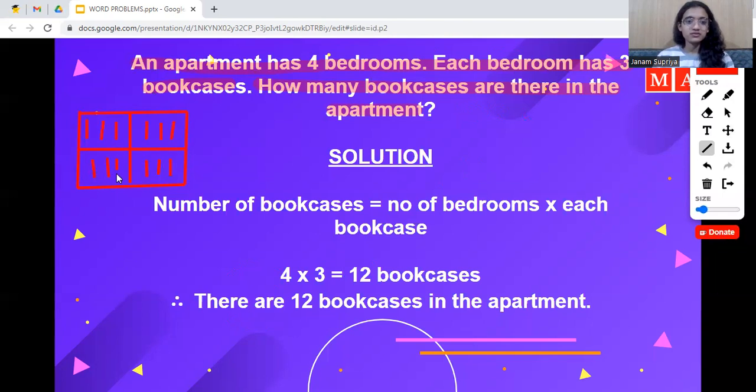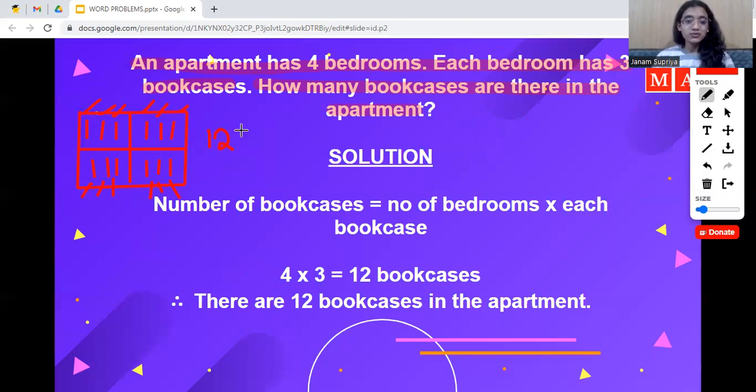Now, how many bookcases are there in total in this apartment? If I simply count them out: 1, 2, 3, 4, 5, 6, 7, 8, 9, 10, 11, 12. In total, 12 bookcases are there.